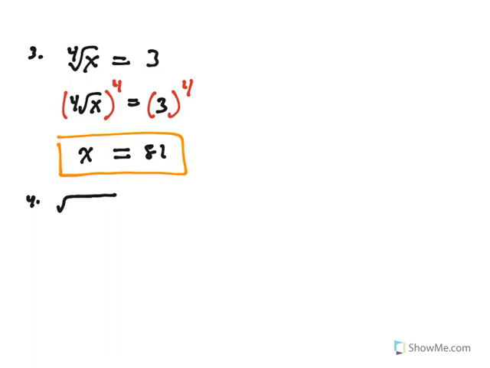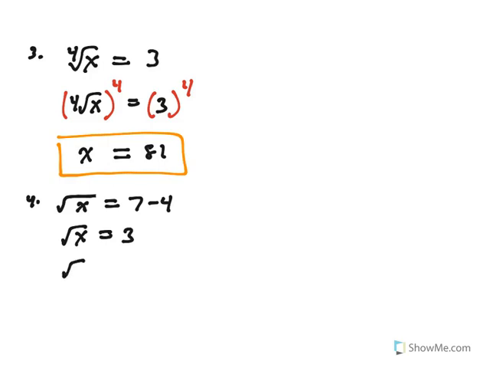Now let's do something like this, where we have the square root of x equals 7 take away 4. The first thing we want to do is simplify the right side by combining like terms. 7 minus 4 is 3, so you always want to simplify when necessary. Now the index is a 2, even though we don't see it.